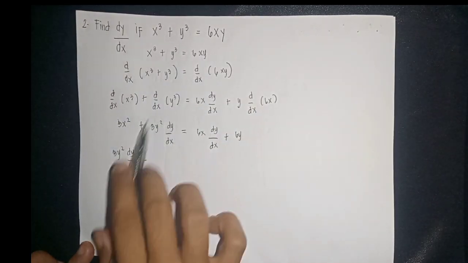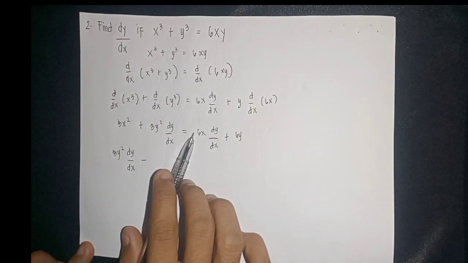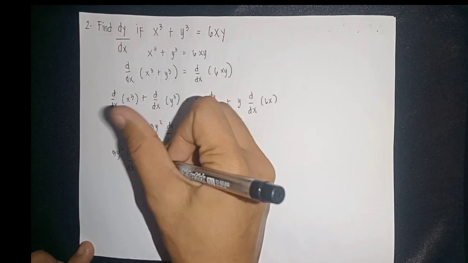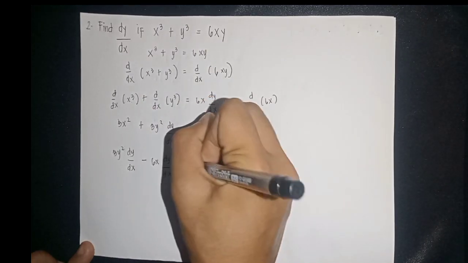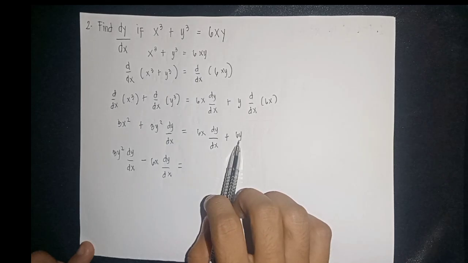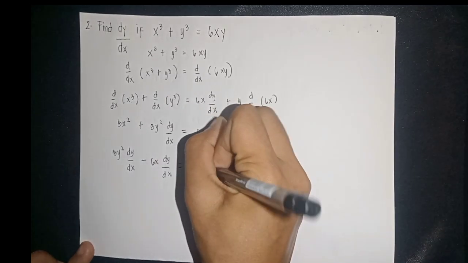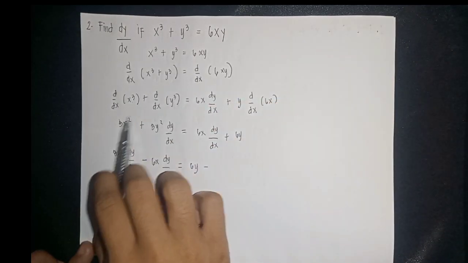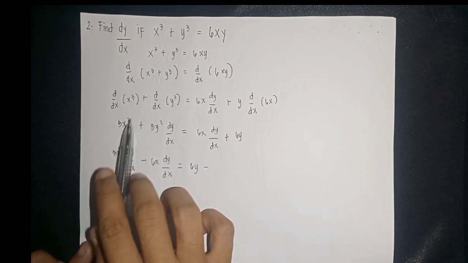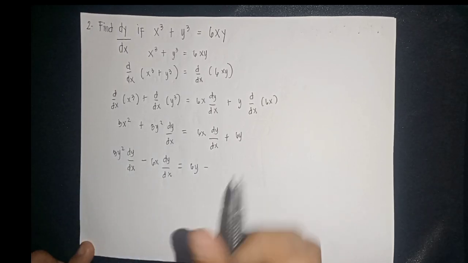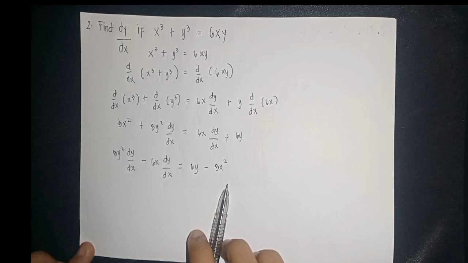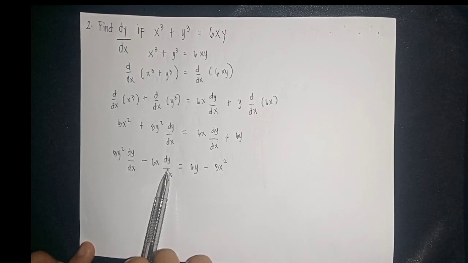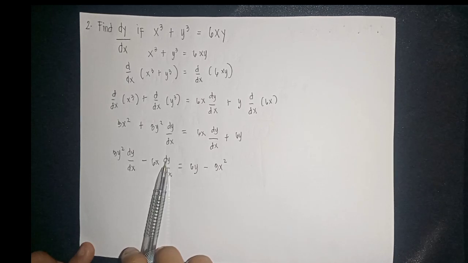If we distribute the 6x times the derivative of y over dx here, and after the equal sign, it will become negative 6x times dy over dx, equal to 6y minus 3x squared, because we put the 3x squared before the equal sign.